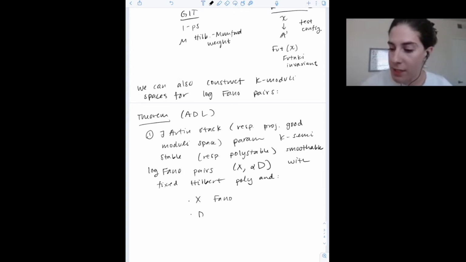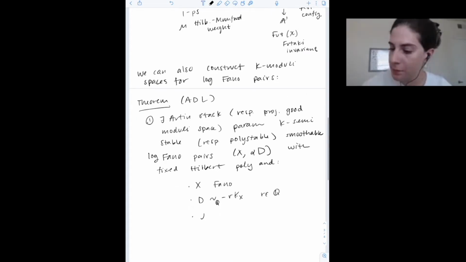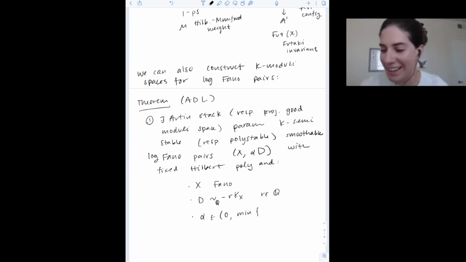The divisor D is a rational multiple of the anti-canonical divisor, so this is Q equivalence. And alpha is some coefficient that can range from 0 to possibly up to 1, but depending on what this coefficient r is, it might not be able to get all the way up to 1 and stay log Fano. So we can make a moduli space of pairs that satisfy these conditions.